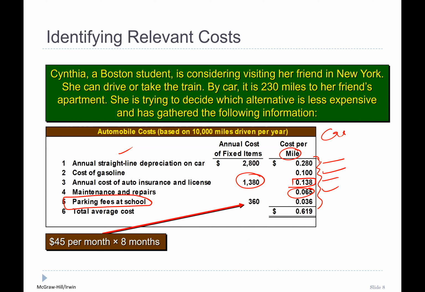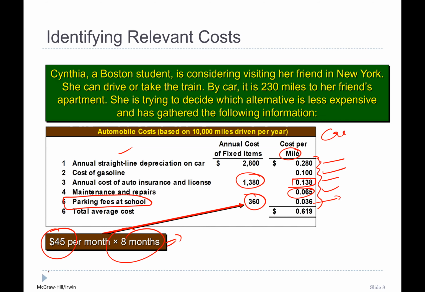Answer is irrelevant. Why? Because whether she has gone to New York or not, she already paid in advance. So that is not relevant, right? It's not like that the more she drives, the more she has to pay the parking lot.